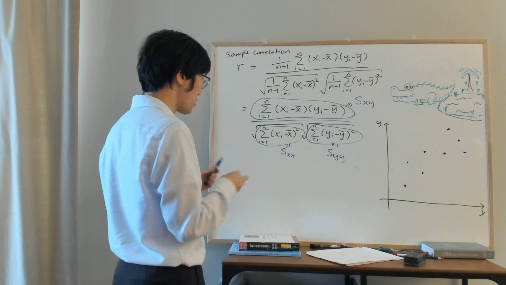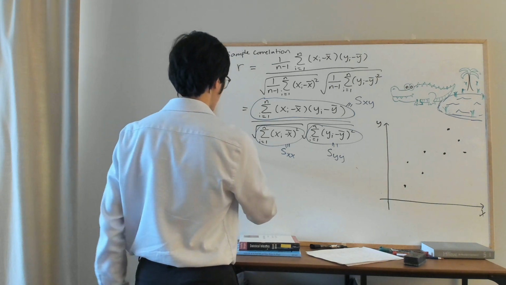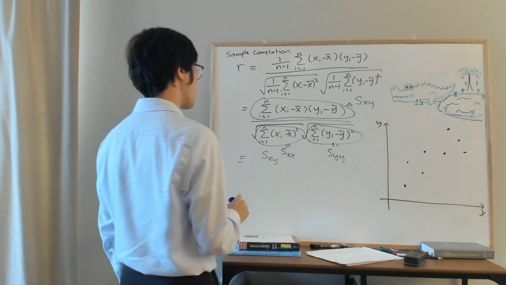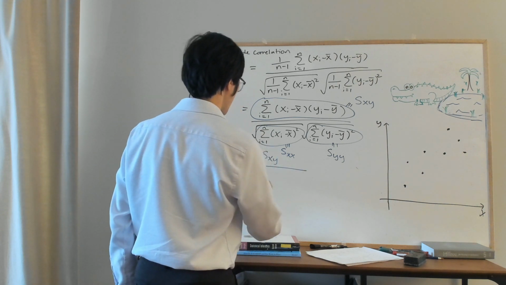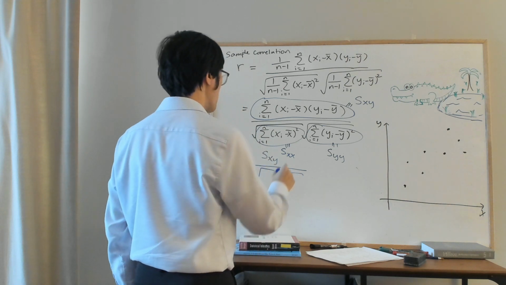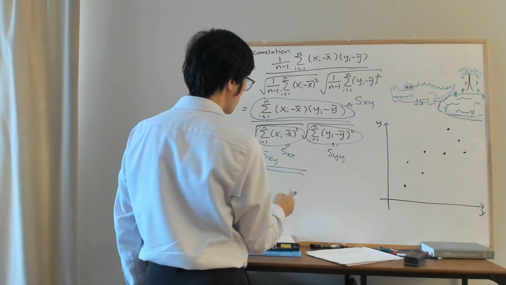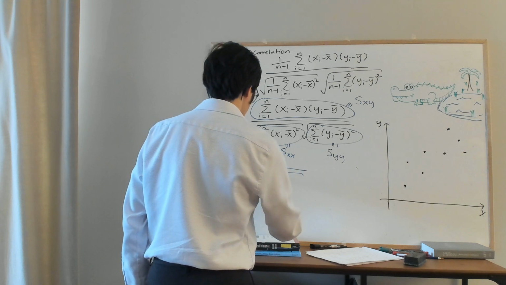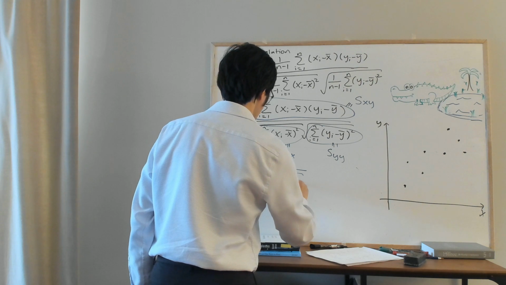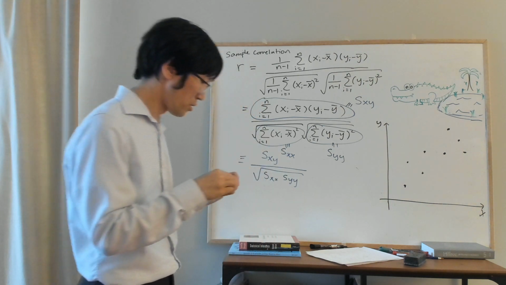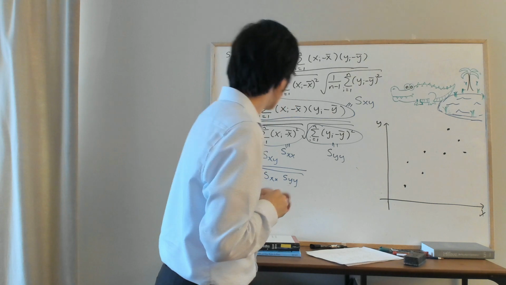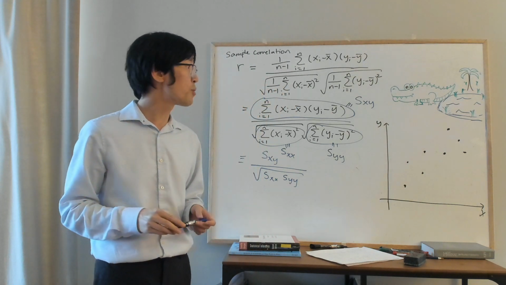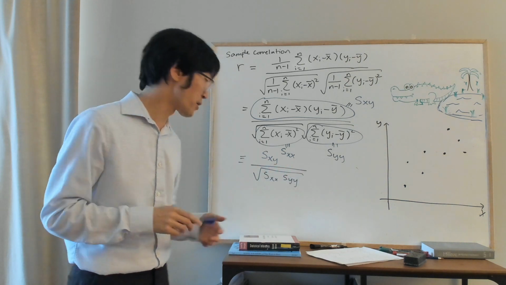So using this shorthand, the correlation can be expressed as s subscript xy, and on the bottom we have the square root of these two sum of squares terms, s sub double x and s double y. So that's our sample correlation coefficient, which we can calculate on the basis of n pairs of x and y values.